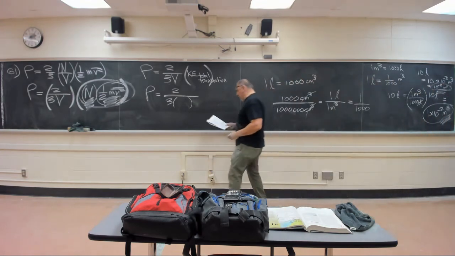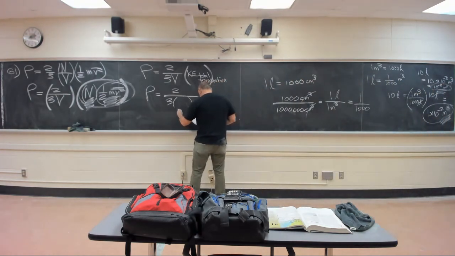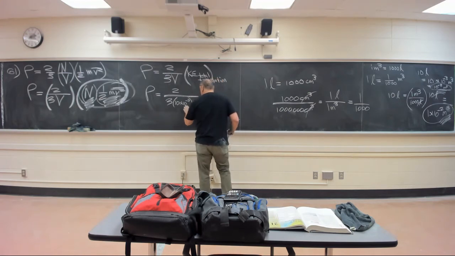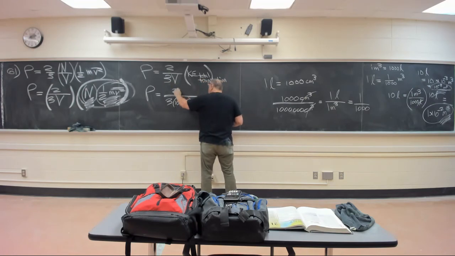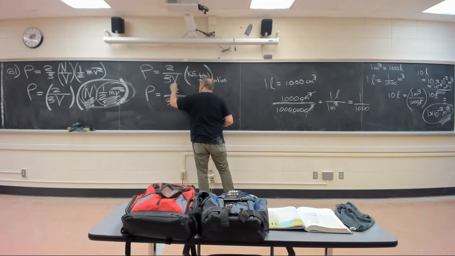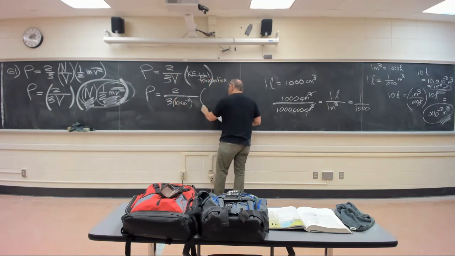The way I did it was 10 liters. Each liter is 1,000th of a cubic meter. There's 10 liters. 2 over 3 V. That's that.